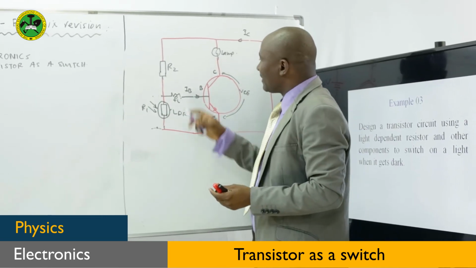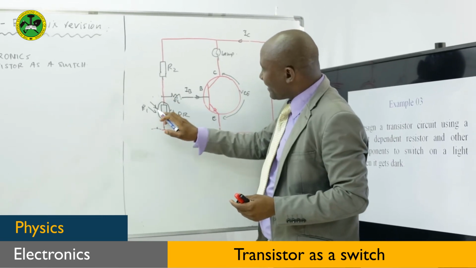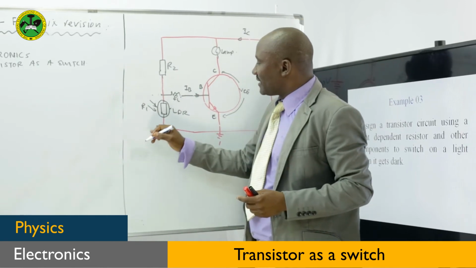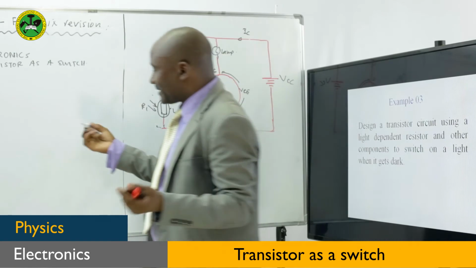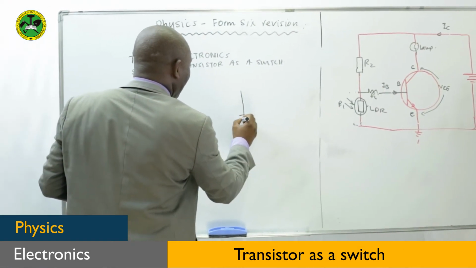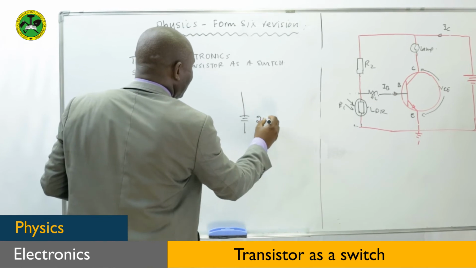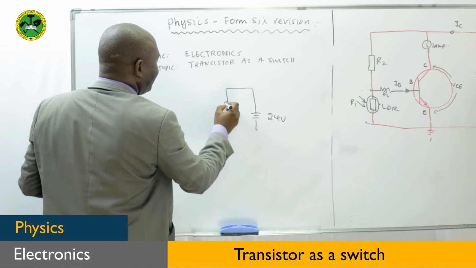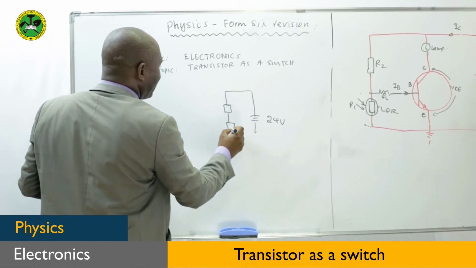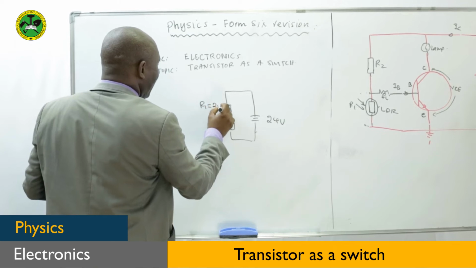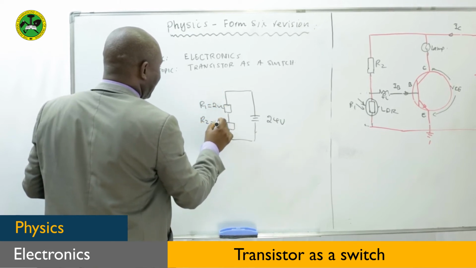Let's talk about how we find the voltage across R1 and R2, and which one will have the greater share of the voltage. For example, consider a circuit like this: 24 volts, R1 is 2 ohms, and R2 here is 10 ohms.